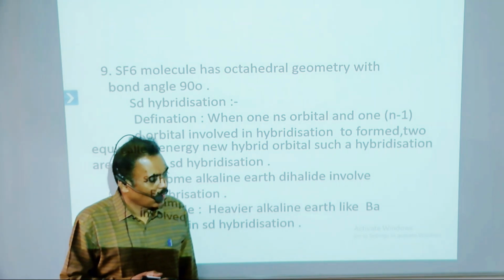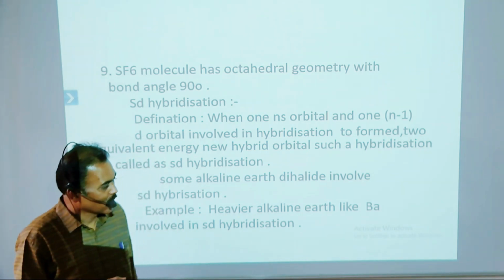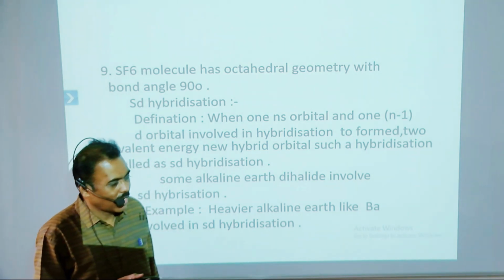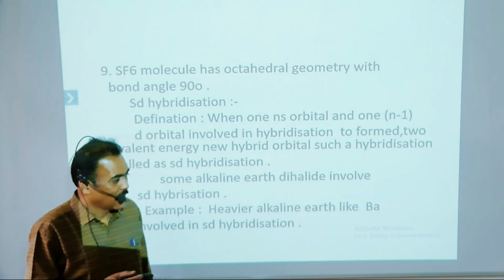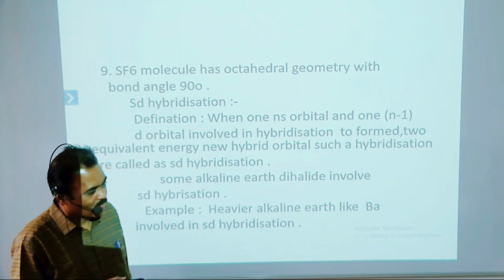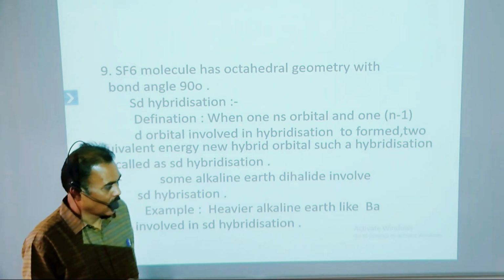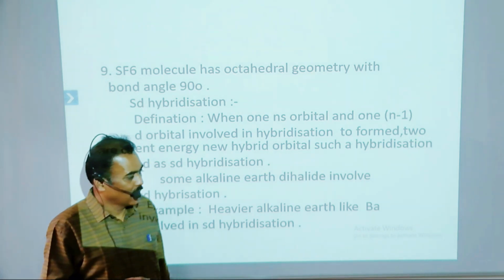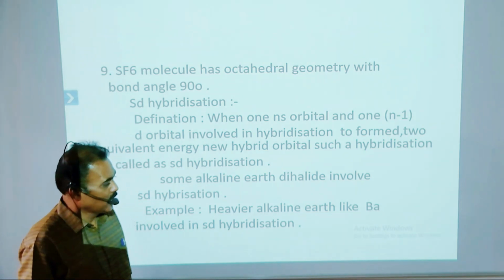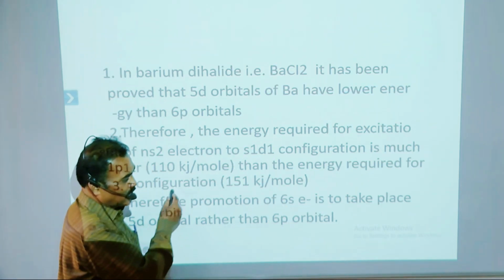Such hybridization is called sd hybridization. Some alkaline earth dihalides involve sd hybridization. So alkaline earth metals involve this type of hybridization. For example, heavier alkaline earths like barium involve sd hybridization.